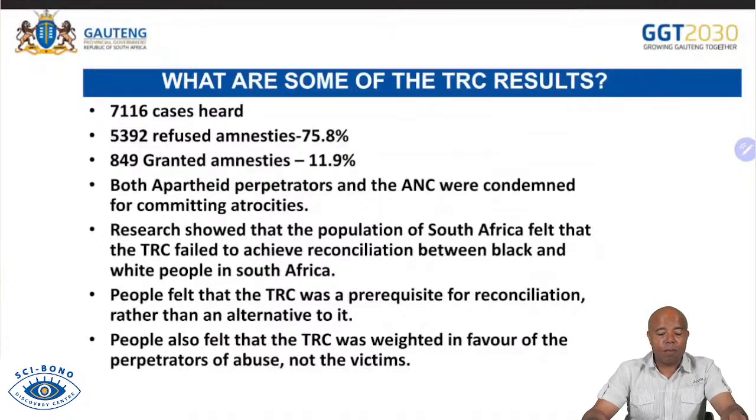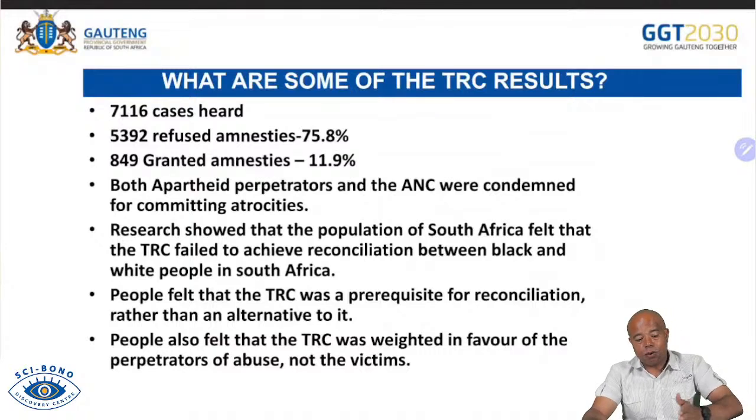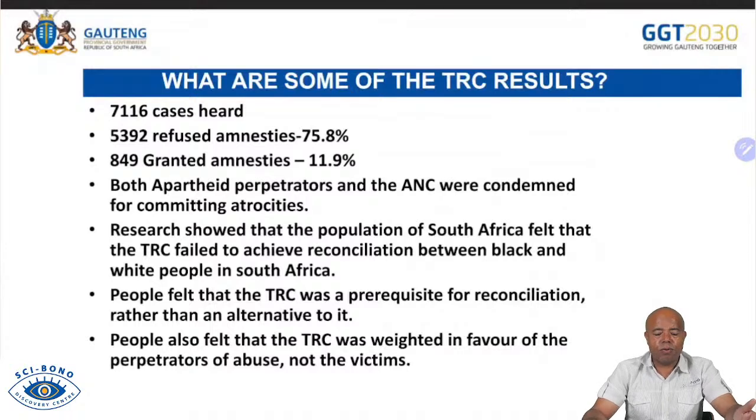So we need to understand now both apartheid perpetrators and the ANC were condemned for committing atrocities, like I indicated to you. Mostly it was from the National Party and also from the ANC and PAC also. Research showed that the population of South Africa felt that the TRC failed to achieve reconciliation between black and white people in South Africa.